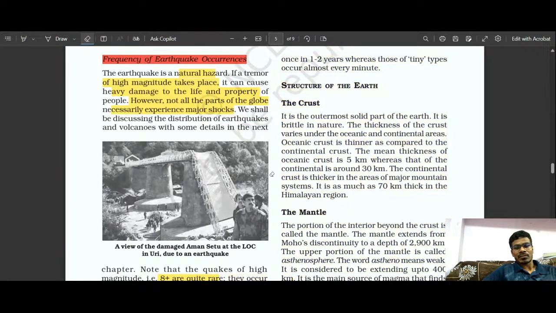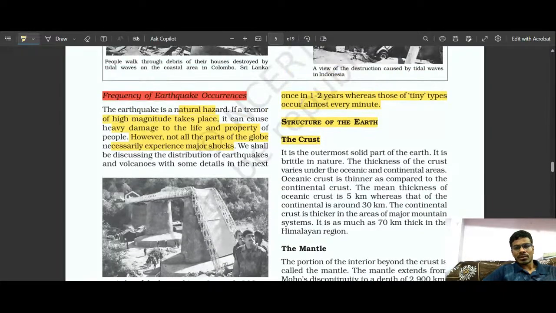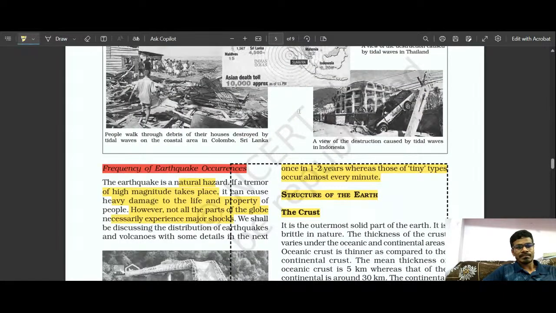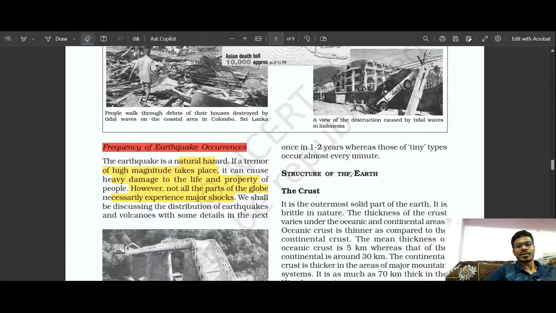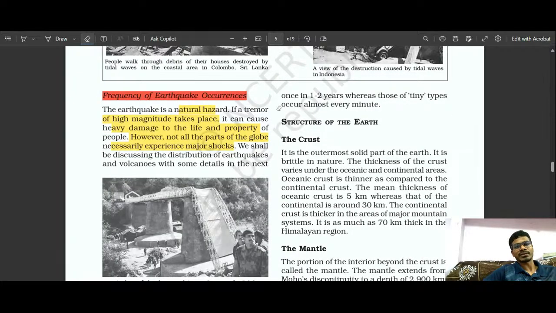They occur once or twice in a year. Those of tiny types occur almost every minute, because they are not so perceivable, and we don't have any such effects from them.